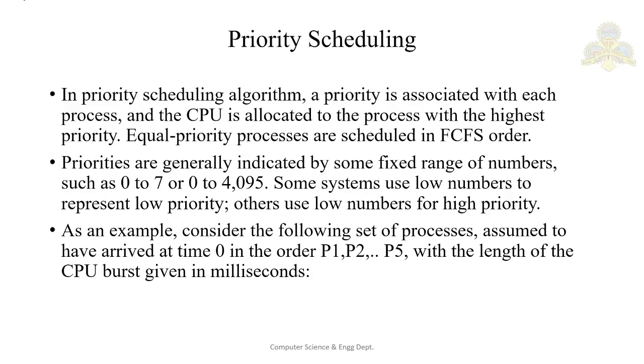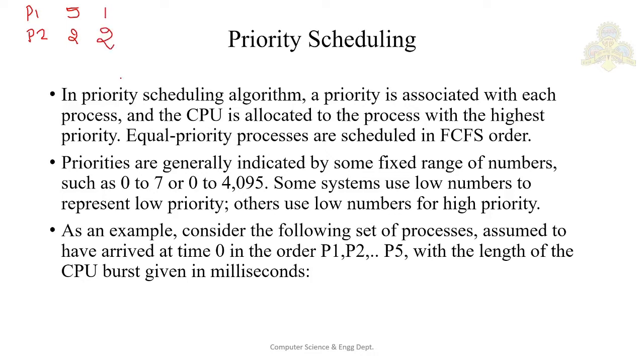Let me give you an example. Say you have processes P1 and P2, the burst time is 5 for process P1 and 2 for process P2. Apart from this, you also have priorities, something like 1 and 2.